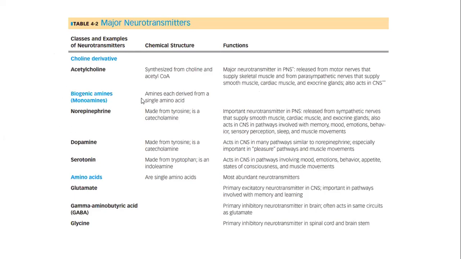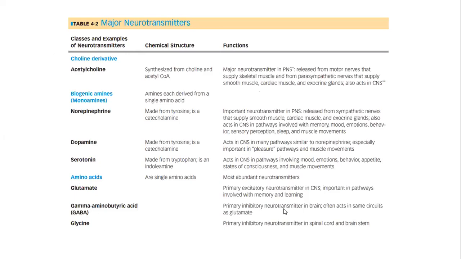Now you can also have other neurotransmitters. I have mentioned epinephrine, and when you think of epinephrine, always think of norepinephrine. We also have others that are listed here. Some of them will cause stimulation, such as the ones I have mentioned, but some of them cause inhibition, such as GABA.